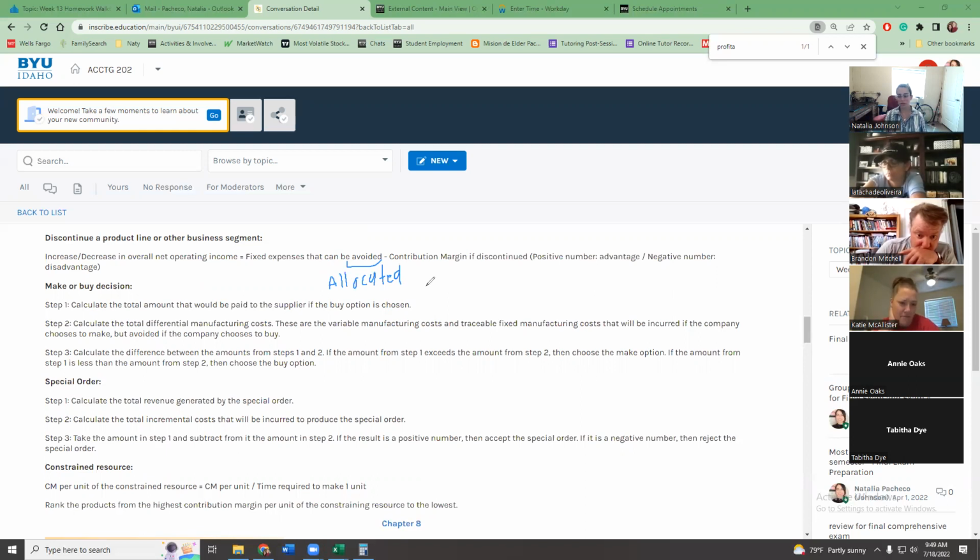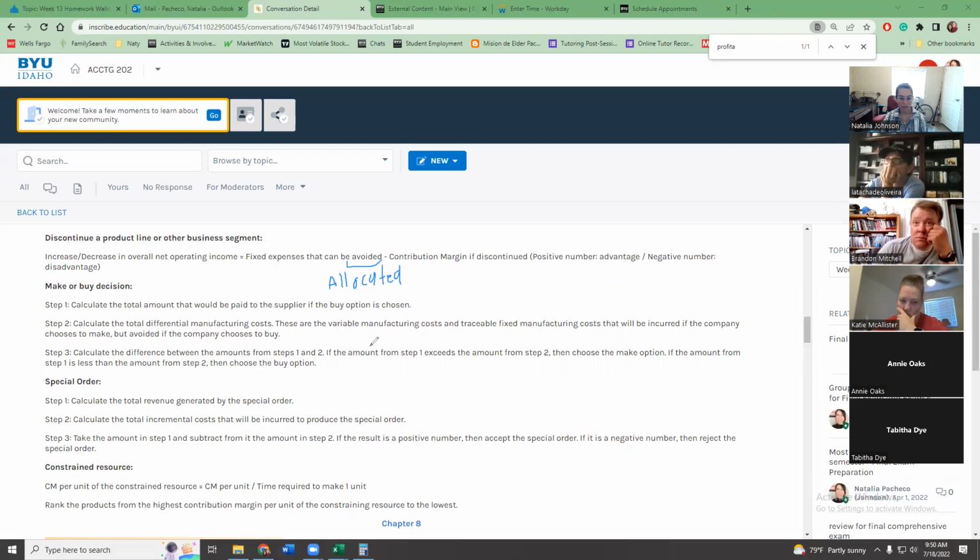So that one is not relevant because you still have to pay it for the company, even if you discontinue the segment. So always look at the relevant cost and then you subtract the contribution margin of that segment. If it's a positive number, it's an advantage, and if it's negative, then it's a disadvantage and you shouldn't discontinue the product or the segment.